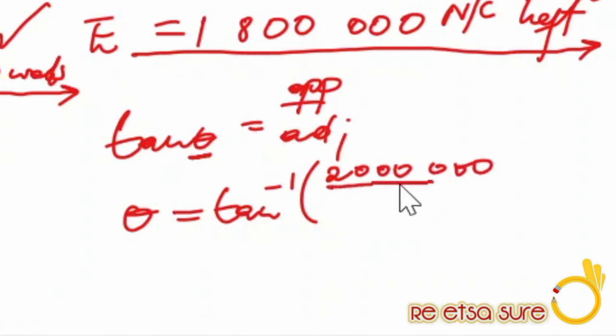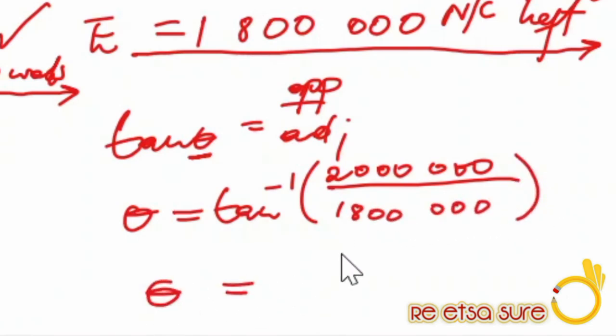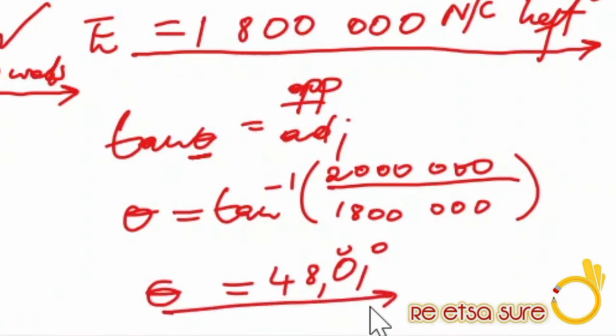We divide it by 1,800,000. When you put that on our calculator, we have the second function of tan, 2 million divided by 1,800,000, and then our answer for theta is 48.01 degrees.